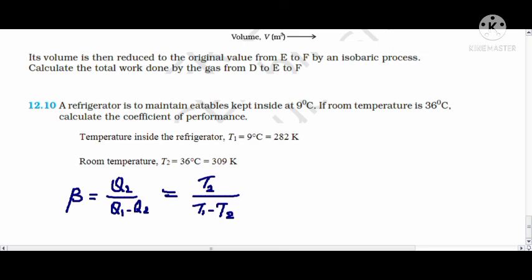So substituting the values, you will get 282 upon 309 minus 282. You will get the answer 10.4.